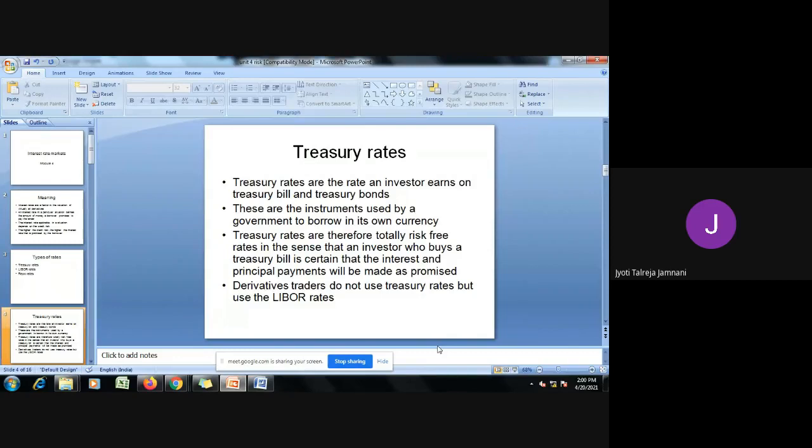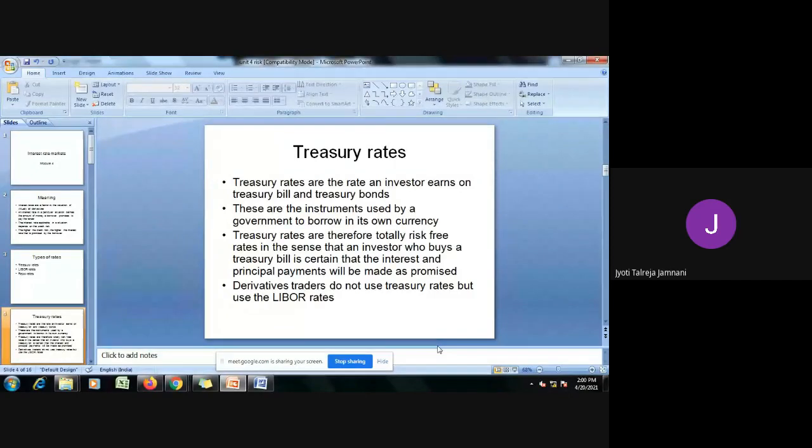Treasury rates are therefore totally risk-free rates, in the sense that an investor who buys a treasury bill is certain that the interest and principal payment will be made as promised. Now, how do we call them risk-free rates? Because these bills or bonds are backed by the government of a particular country. The government won't collapse overnight. And even if it collapses, this government will go, the other government will come.